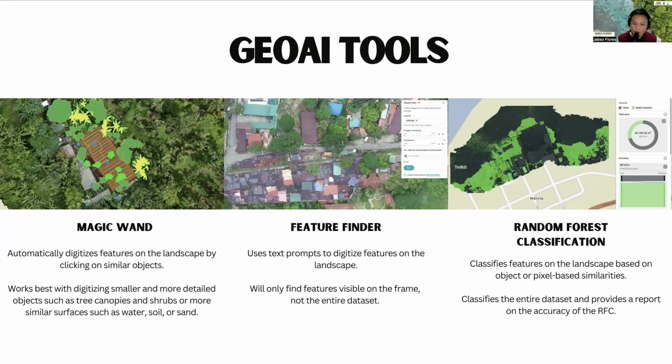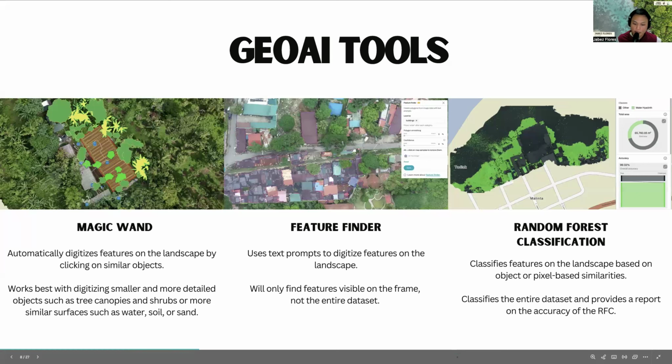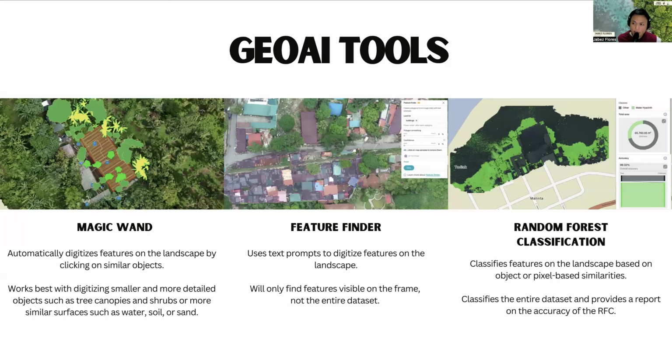Finally, we have the random forest classification tool. In contrast to the first two, this method takes a more comprehensive approach by classifying features based on similarities across the entire dataset. You can classify land cover or land use using this method.